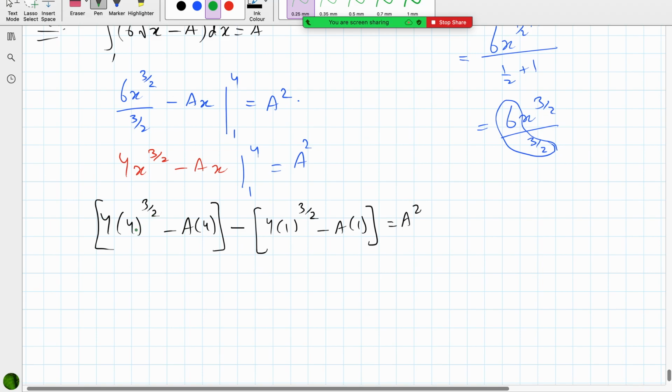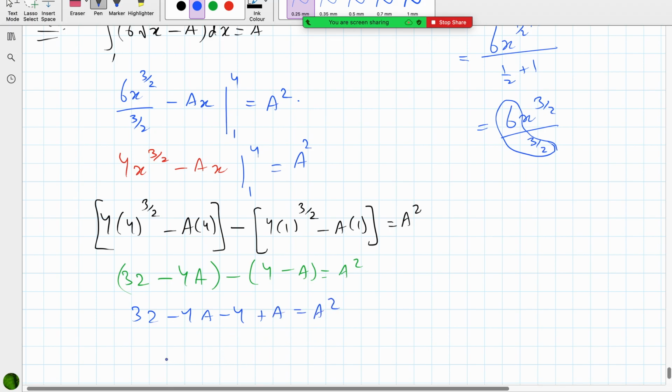So 4 square root is 2, 2 cube is 8, 8 fours are 32, minus 4a, minus 4 minus a is equal to a square. And we keep on simplifying. 32 minus 4a minus 4 plus a is equal to a square.